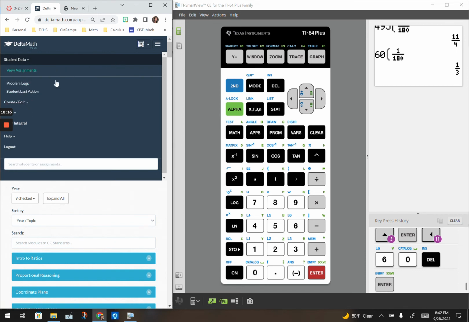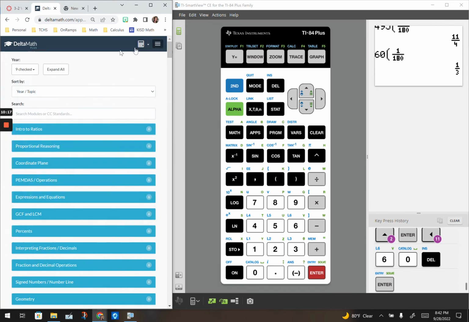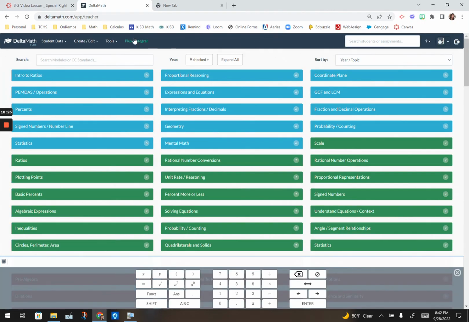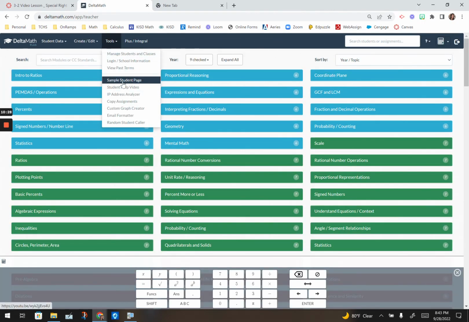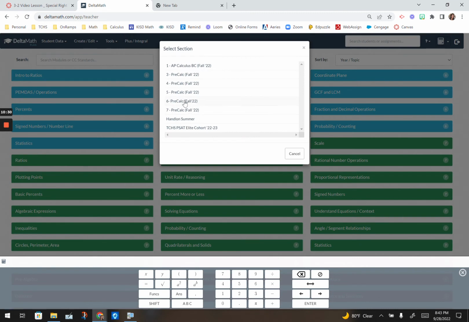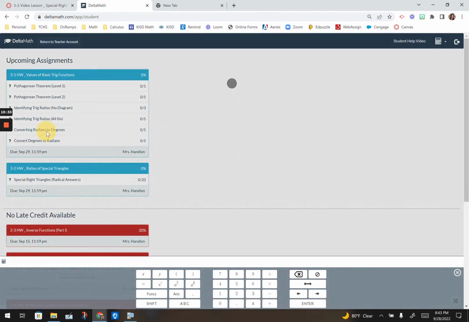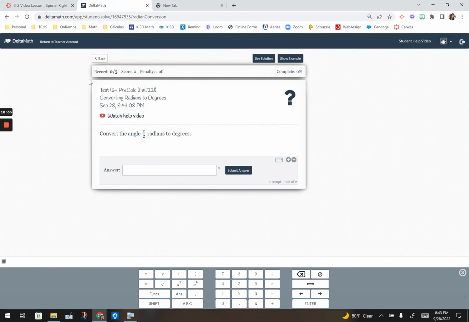Okay, now I can't see. Let me open this up again. Stand by. Let me go tools, sample student page. Let's try 6 period. Let's see if I get lucky with the problem I'm looking for. Nope. Goodness gracious. No. Okay, well, if you get stuck on one, just reach out to me.